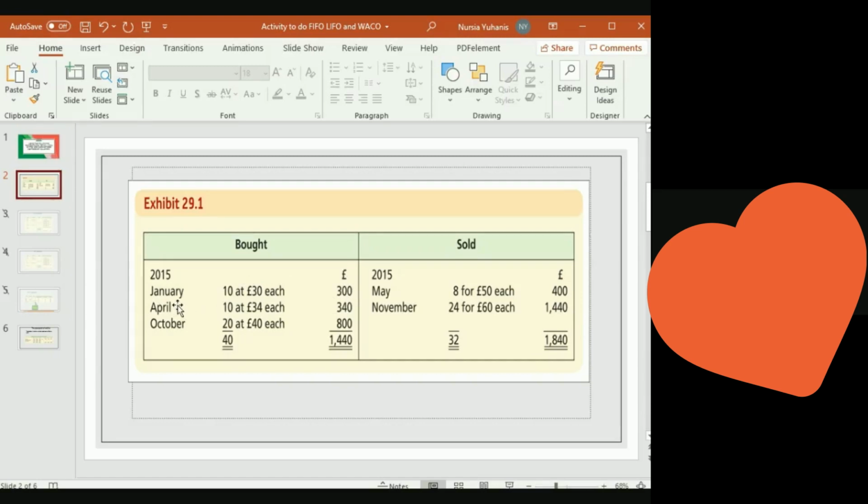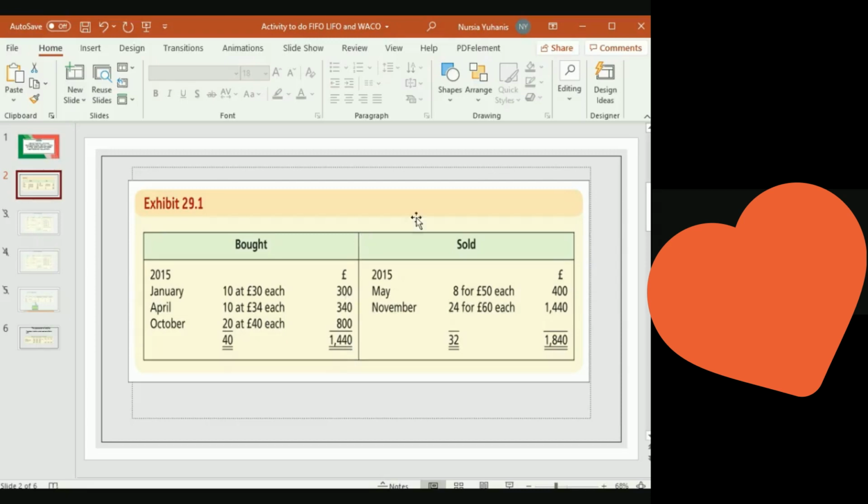Then 3 months later, in April, you buy another 10 materials at $34 each. The price has now increased, so the total you pay is $340. Another one is in October. You purchase 20 materials, and this time it costs you around $40 each. So altogether during October, your purchase amount is $800. Altogether the total purchase is $1,440.